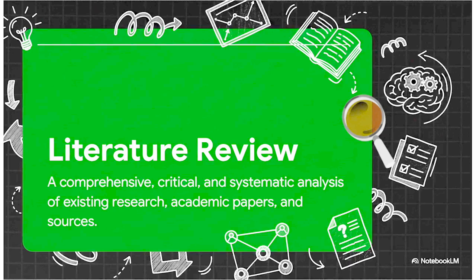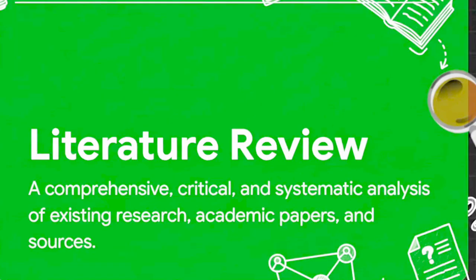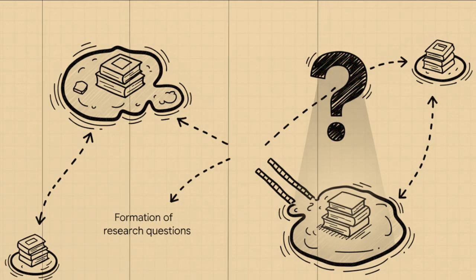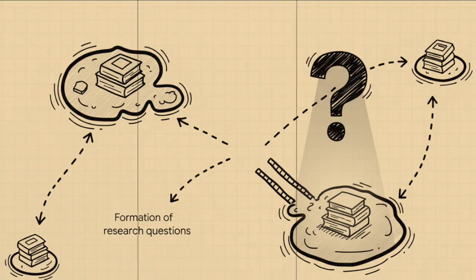So, just to make sure we're all on the same page, what exactly is a literature review? It's this foundational piece of the puzzle. And it's not just a book review or a book report where you summarize stuff. It's a deep, critical, and systematic analysis of everything that's already been said and done in your field. And why on earth do we put ourselves through this?